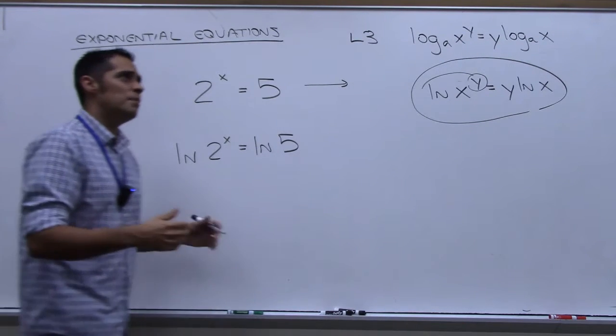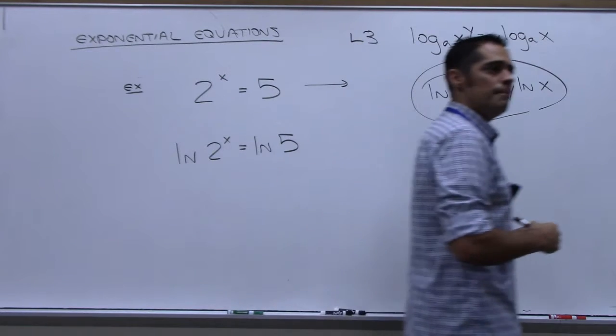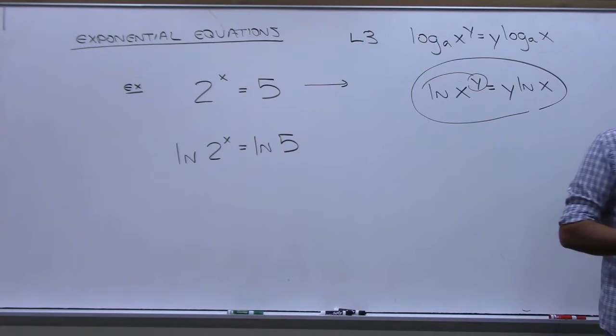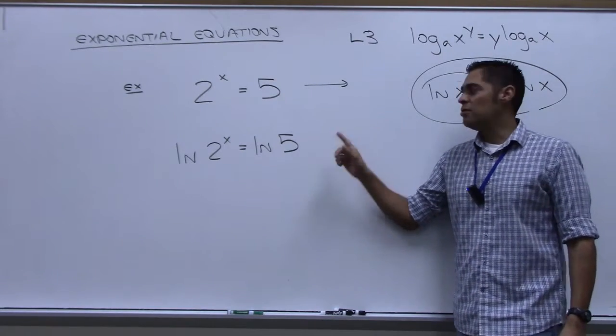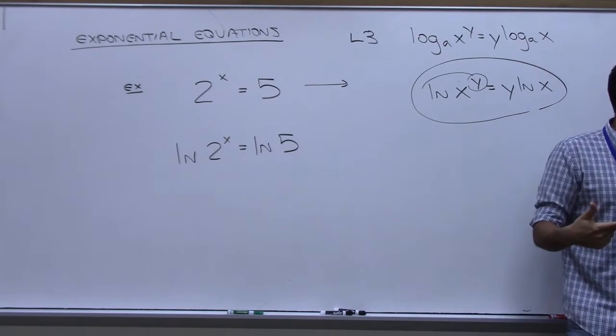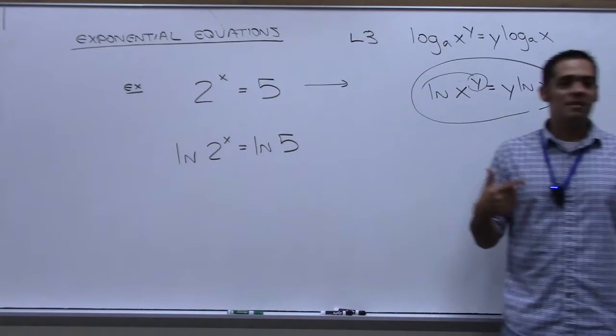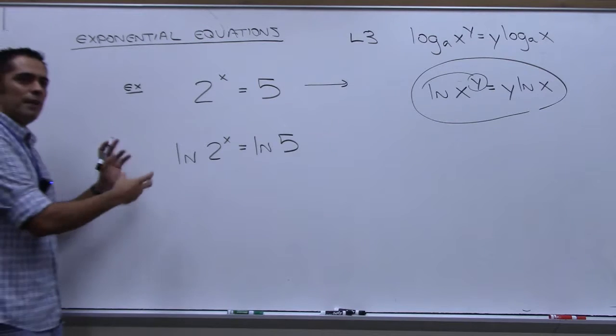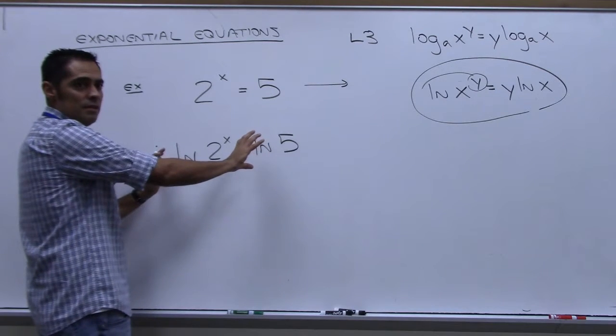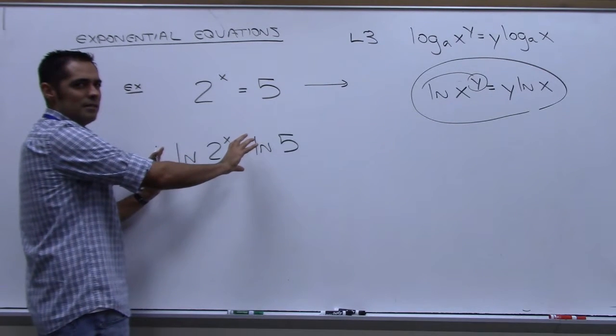You know how you've done things before, like you've squared both sides of the equation? The way we would say this is that we're taking natural log of both sides. You do not say I'm multiplying both sides by natural log. That's incorrect, because natural log is not a number. Natural log is a function. You can't multiply both sides by a function. You can compose both sides with the function. That kind of makes sense?